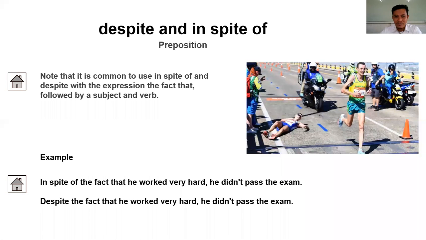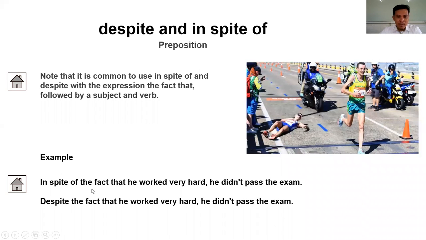For example, I come on time to the class, but I was not admitted. I was not allowed to join the class. So you can say "in spite of being on time," but you cannot say "in spite I come on time."